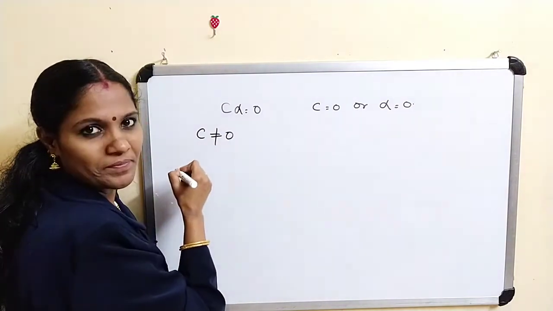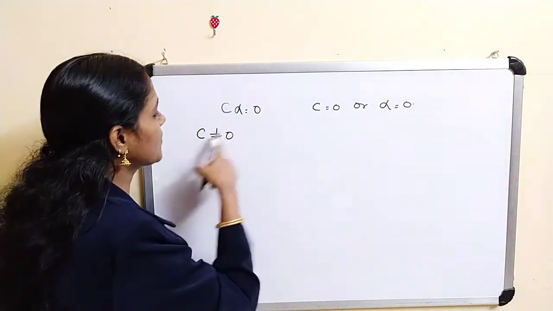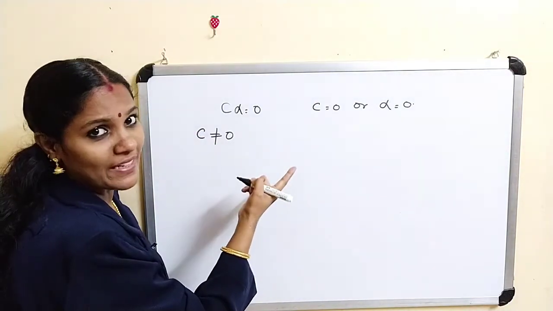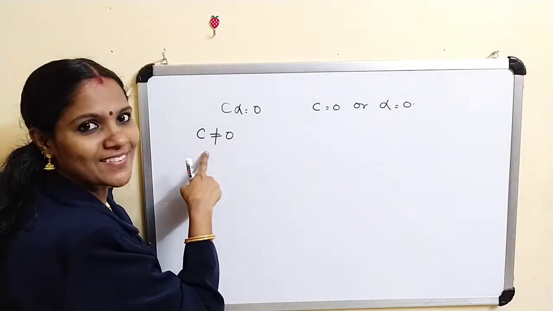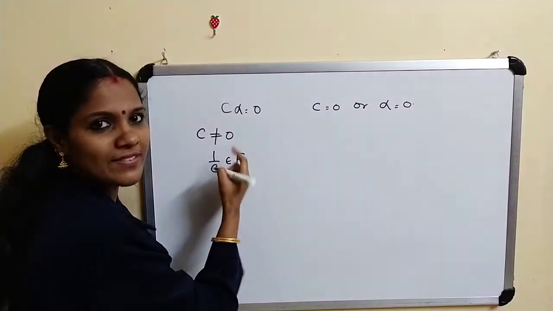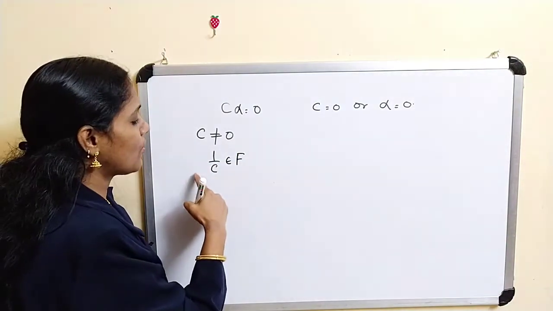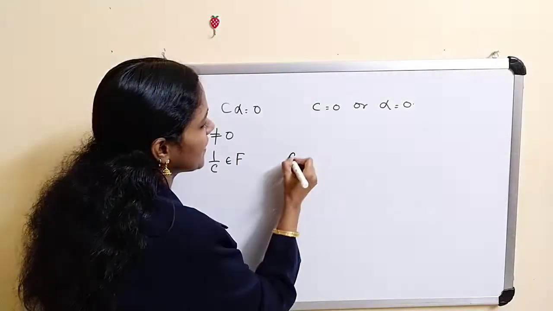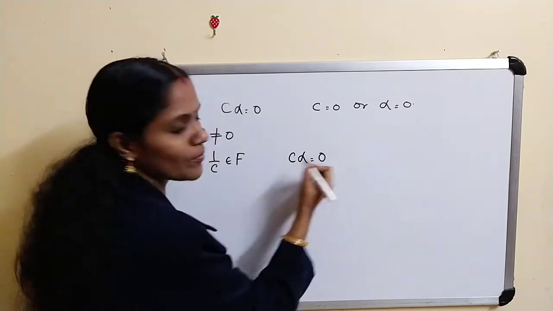So c belongs to F. F is a field. Therefore, the inverse of c exists. That implies 1 by c also belongs to F, since c not equal to 0, the inverse exists.